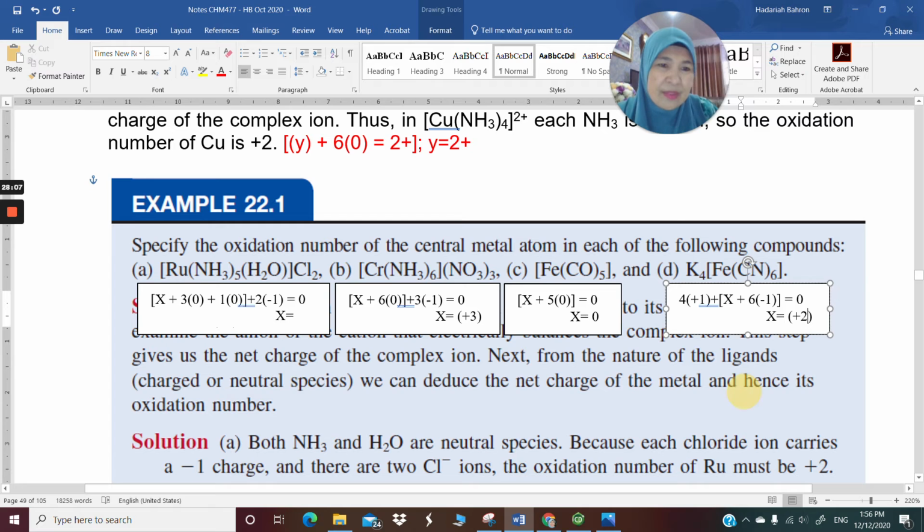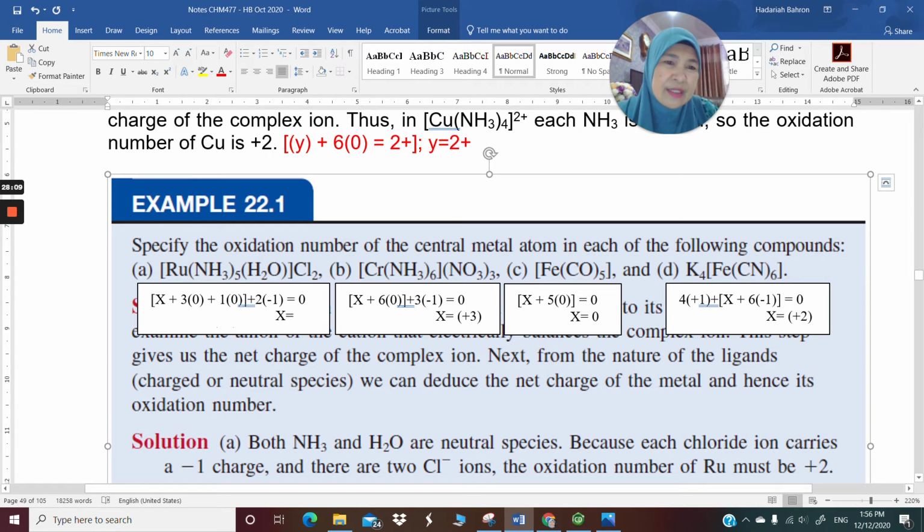So your iron carries with it 2 plus charge, which is bonded to 6 minus. So this complex ion has a charge of 4 minus, yep, which is neutralized by 4 potassium ion counter ion.